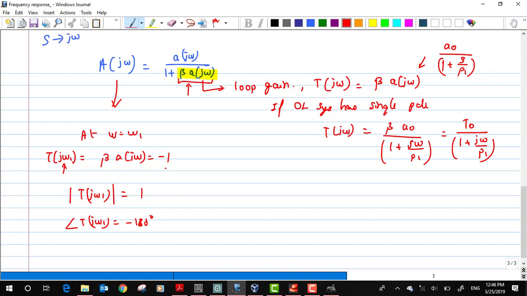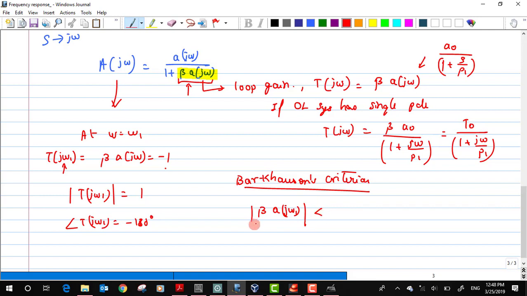Now I'm going to state what is known as the Bode criterion. For a stable system, how do you define this criterion? If the system has to be stable, what is the condition that I need to place? Say I'm looking at the same frequency, omega equals omega 1.